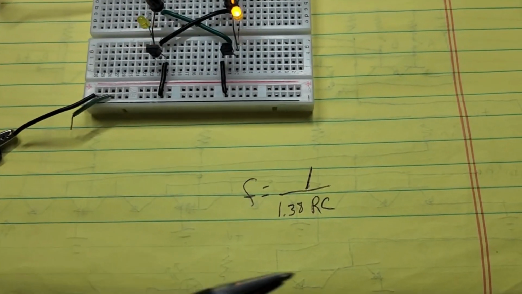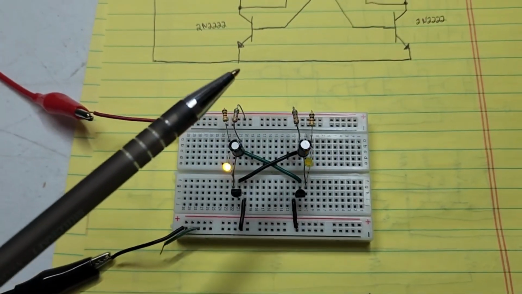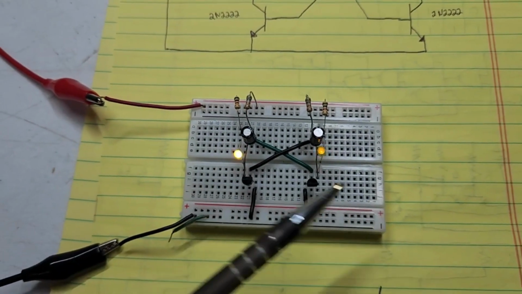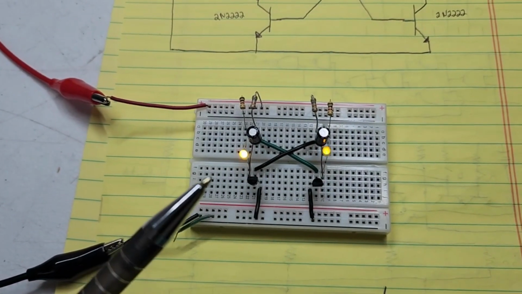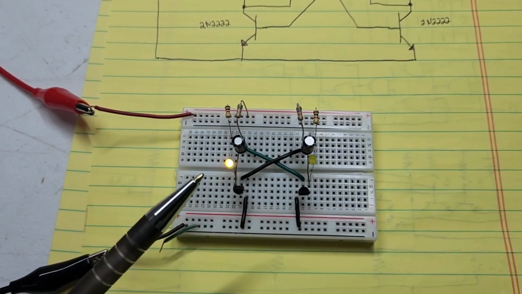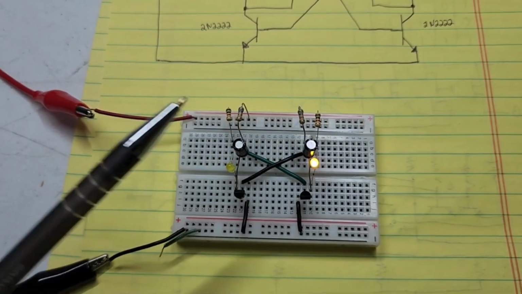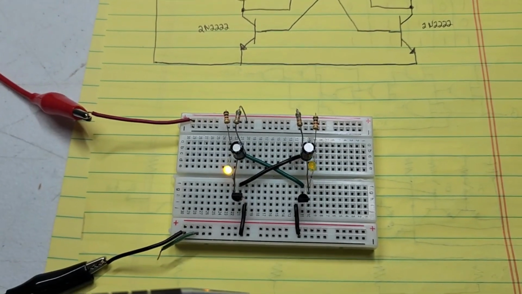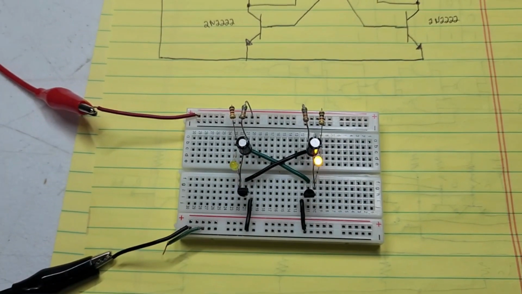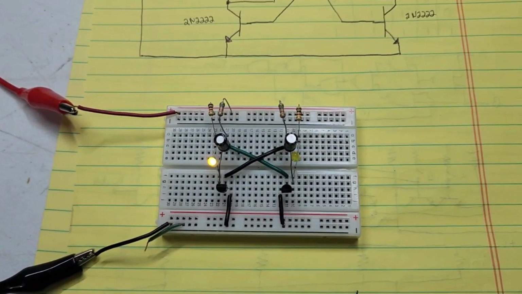It should be, right? So the formula should be pretty close. Because I had a 330K ohm in here before, and it was really slow, like 1/4 of a hertz or less. And then I reduced the resistor value, so the capacitors are going to discharge faster and flop back and forth faster. Anyhow, so there you have it.